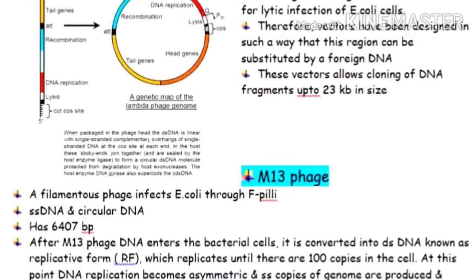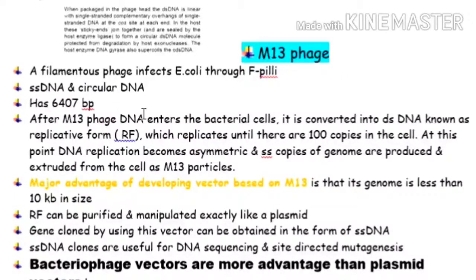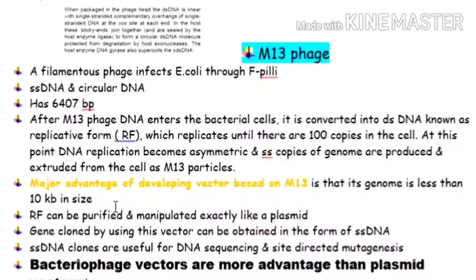Another phage we use is M13 phage, which is a filamentous phage and a single strand DNA of 6407 base pairs. Its genome is less than 10 kb in size, so you can purify it and manipulate it just like a plasmid. That is the only advantage why we prefer M13 phage.